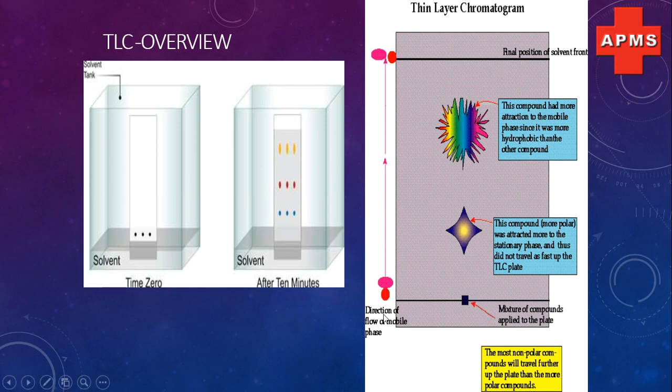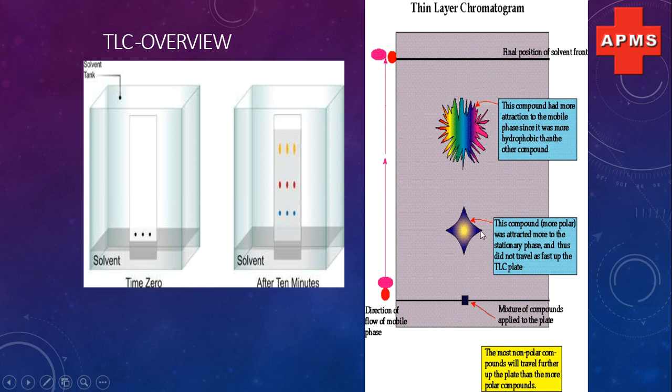Basically we can observe this is the direction of flow of the mobile phase from bottom to top. Here we put a spot of a mixture which contains many compounds. When it moves further up, these sample components are separated.